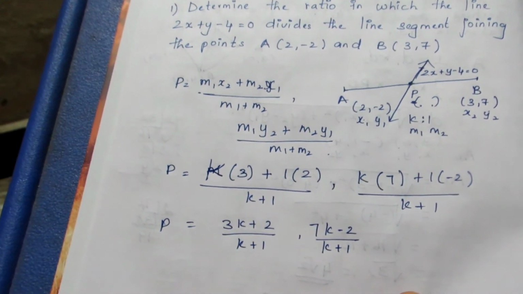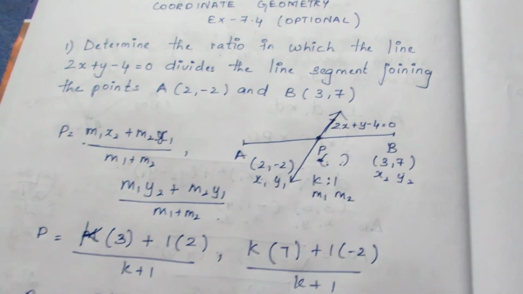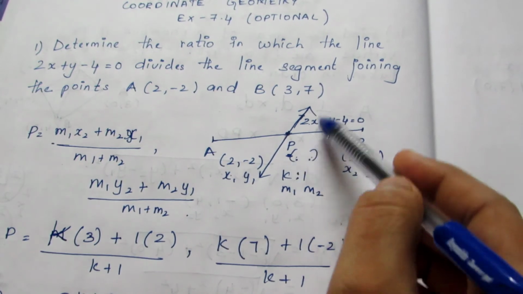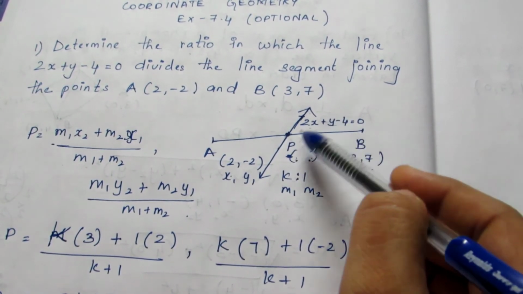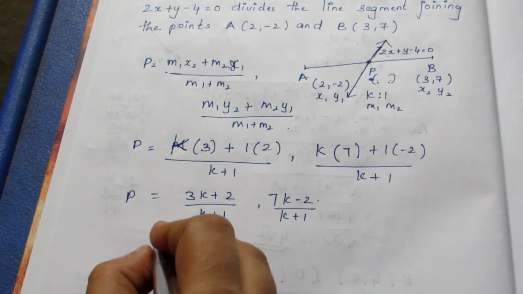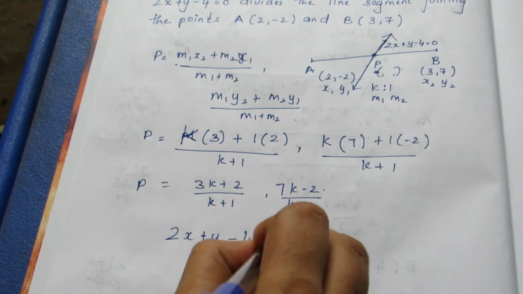Now we have found the x value and the y value. Instead of x and y in the equation, just substitute the values we have found. The given equation is 2x plus y minus 4 is equal to 0.